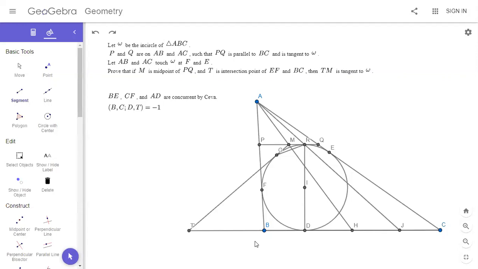T lies on the polar of A. Yeah, so if the initial T lies on the polar of A, that's true, but not necessarily this T prime. Since I've redefined P prime here, you have to be careful with what you know versus what you're trying to prove.